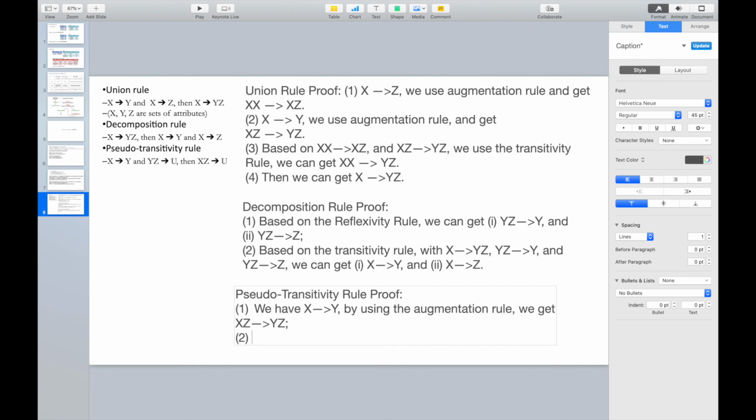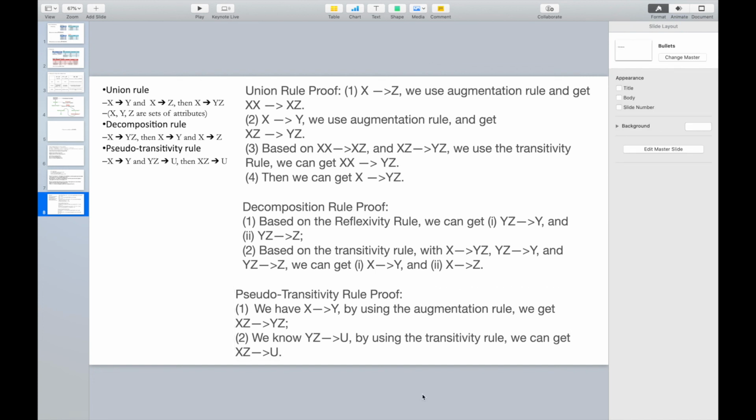Then the second step: we know YZ implies U. By using the transitivity rule, combining XZ implies YZ and YZ implies U, we can get XZ implies U. So the pseudo transitivity rule can be proved by using both the augmentation rule together with the transitivity rule.